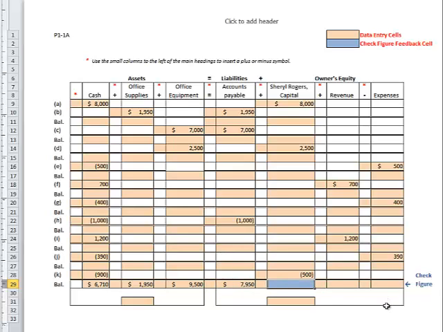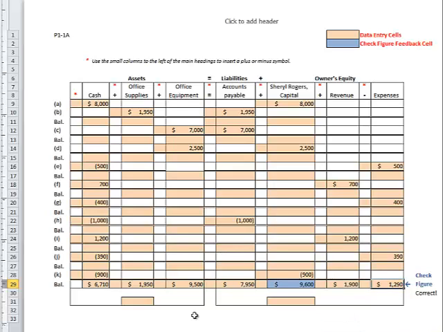Cheryl Rogers' capital, she increased it by $8,000 with the cash investment, then increased it again with the equipment, and then decreased it with drawing out the $900. So $9,600 is the balance in her capital account. Under the revenue, she earned $1,200 and $700, so she has earned $1,900 total, and the expenses add up to $1,290.